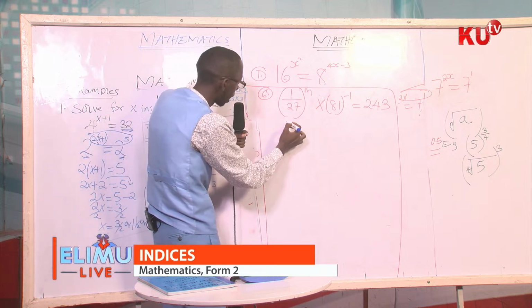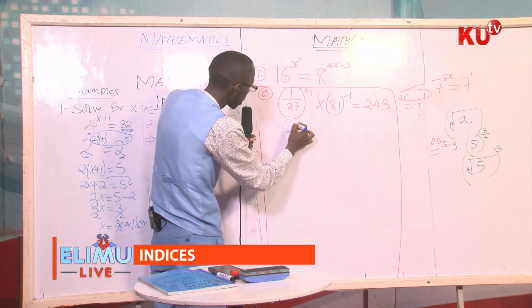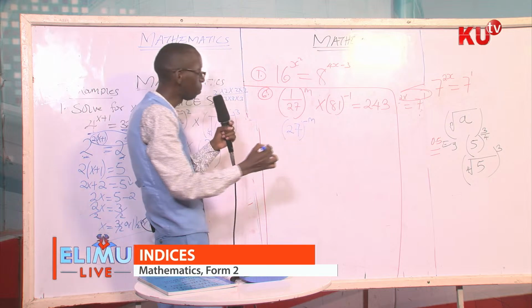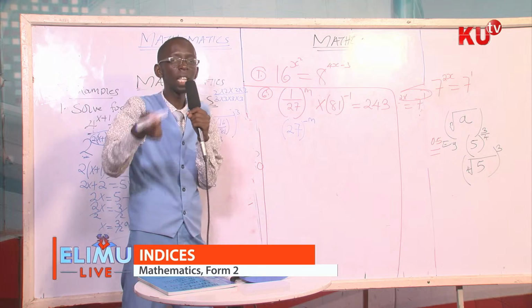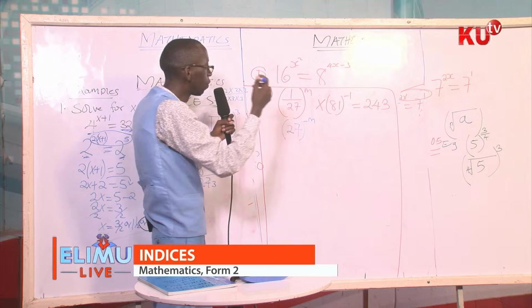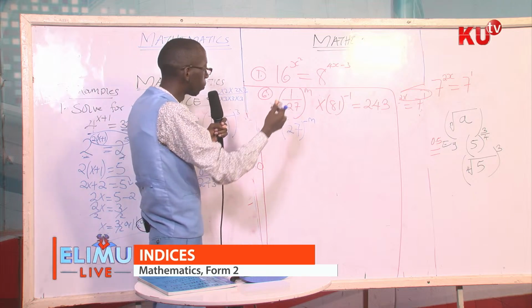So, we'll say 1 over 27 is the same as 27 to power negative m. Very simple. When we reciprocate, we change the sign of the power. If the power was positive m, it will be negative m.